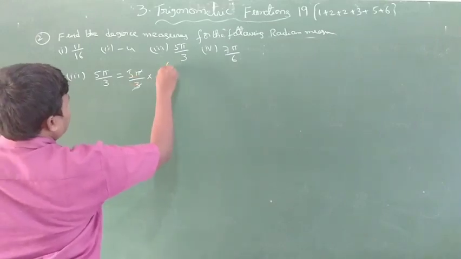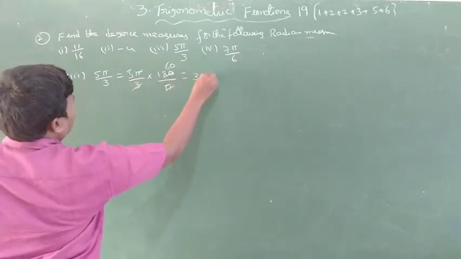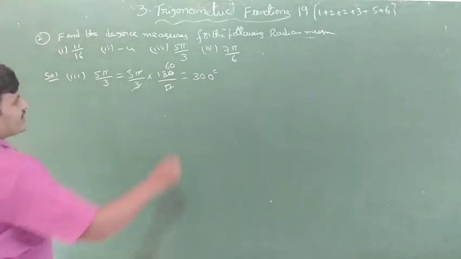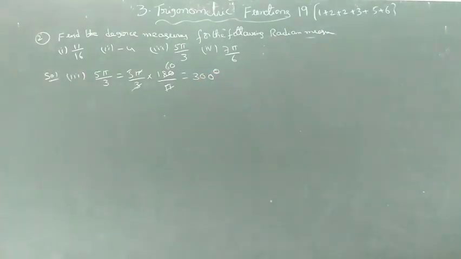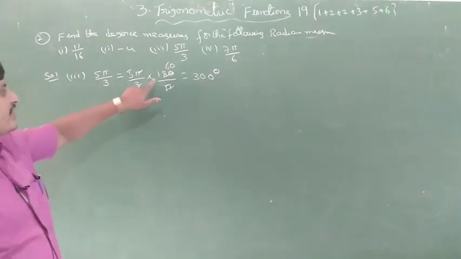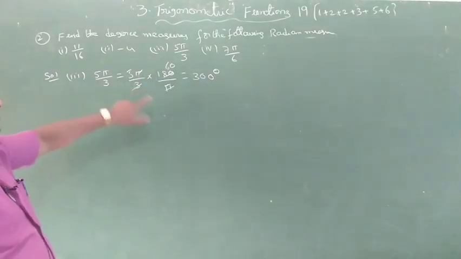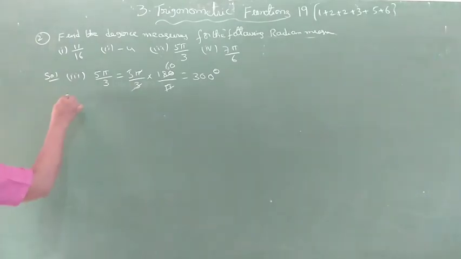Pi cancels, 60, that is equal to 300 degrees. 5 pi by 3 is equal to 300 degrees. That is pi by 180. This is 180 by pi. Pi cancels. So the fourth one, 7 pi by 6, homework.